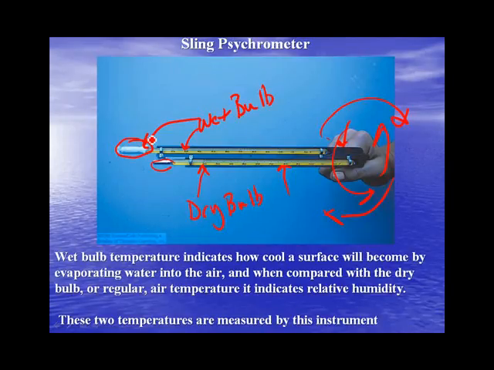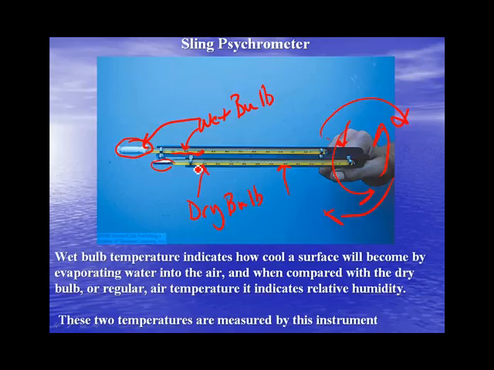and a wet bulb. And so we sling it around, and I've actually demoed this in class for you. We will sling the psychrometer around for a while until the temperature stops dropping. It'll drop to a certain point.